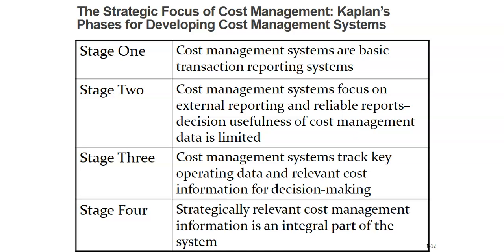When we move into stage three and stage four, we're really utilizing this cost accounting information for our decision making and our strategic decisions as part of the company. We've integrated all of this information into what we need to make well-rounded decisions about the future of our organization.